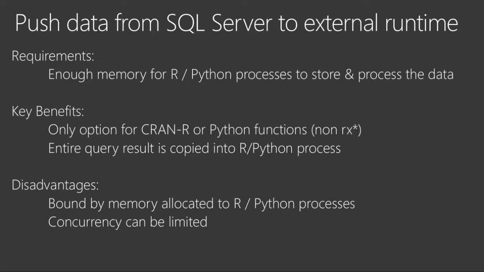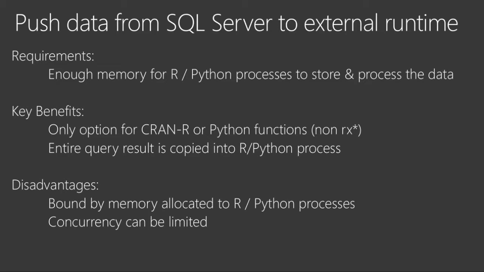So the requirements to be able to do this type of pushing: obviously you need enough memory to be able to receive the data. Sorry, this seems to go on and off.